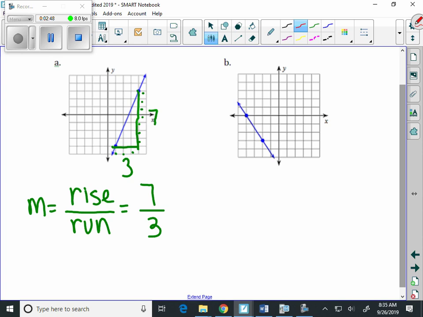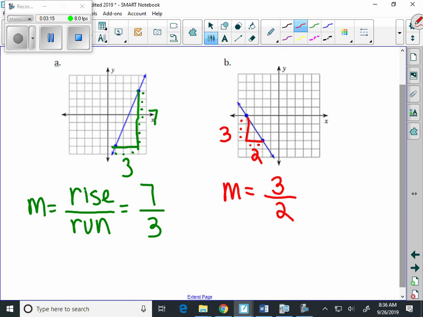In contrast, on letter B, we draw our triangle, and hopefully your triangles look better than mine. Again, 1, 2, 3, there's a rise. 1, 2, there's a run. Slope is abbreviated as m, so rise over run.